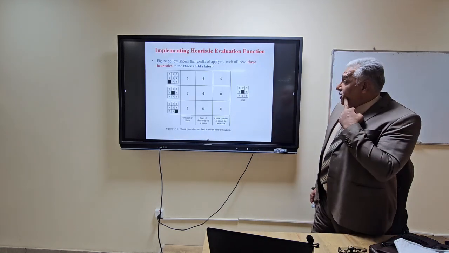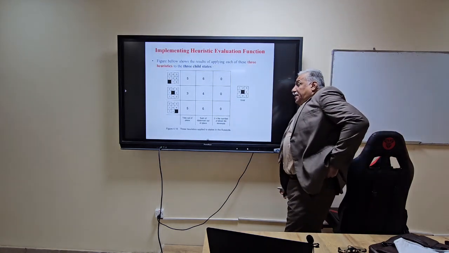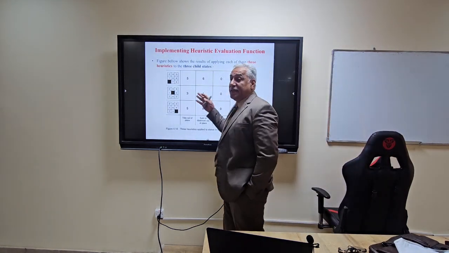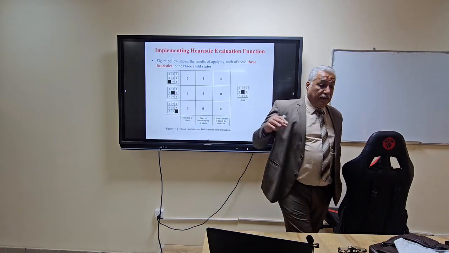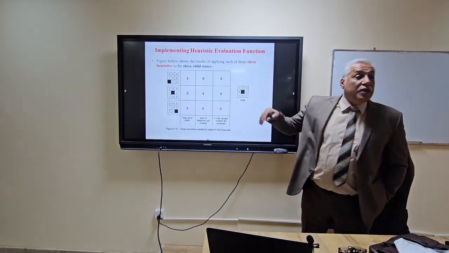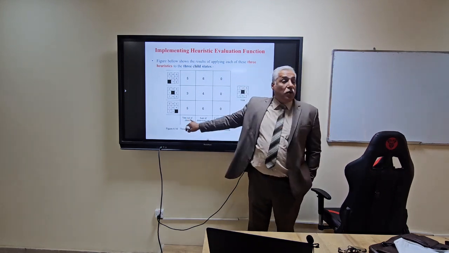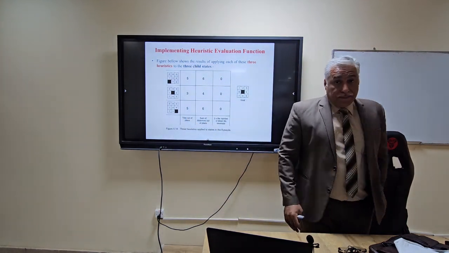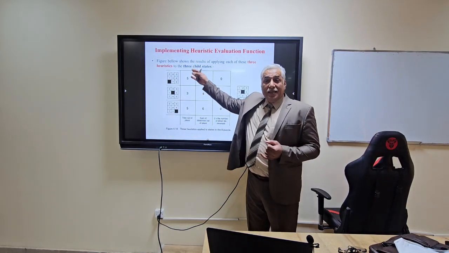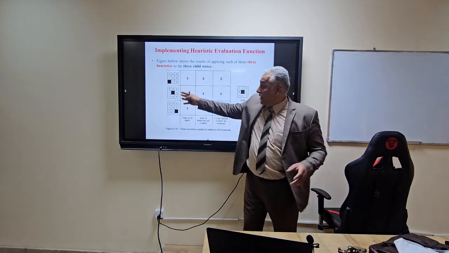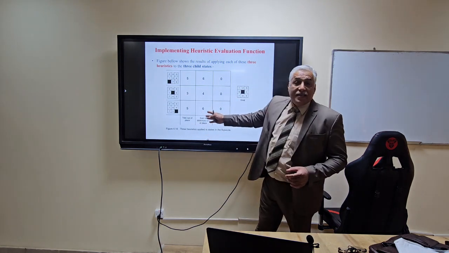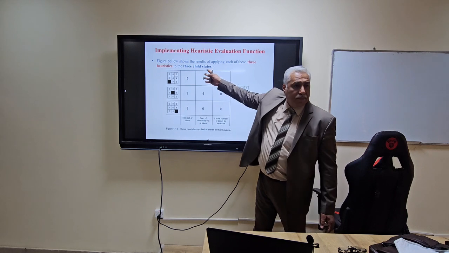And I will put them in these examples. This figure will illustrate the calculation of the evaluation function for these 3 factors. The first one is tiles out of place, that represents the number of tiles out of place. This one is the sum of the distances.